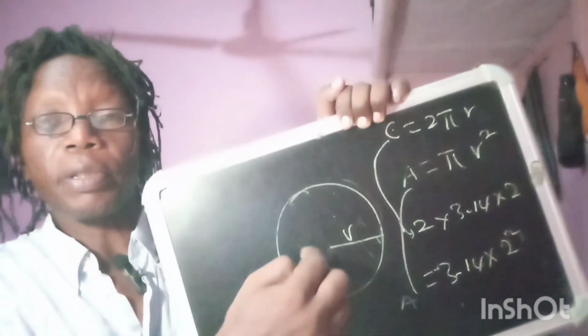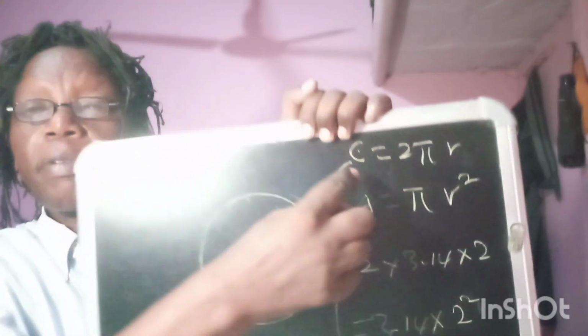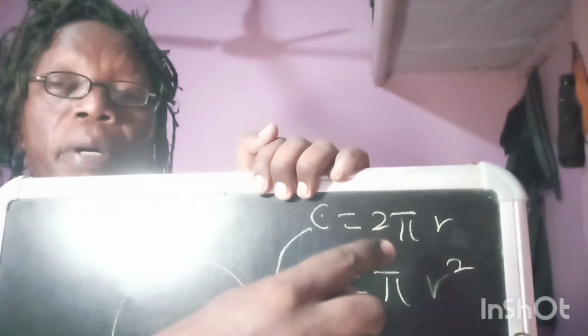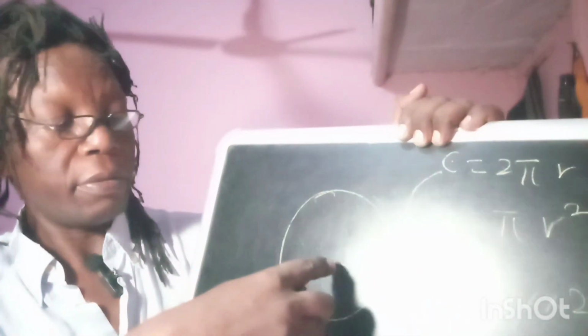So the formula to calculate the circumference, which means going all around this circle, is up there. Circumference is equal to 2 pi r, and the area is pi r squared. It means you have to square the radius if you want to find the area. Now these are the figures. You can use any number for the radius.